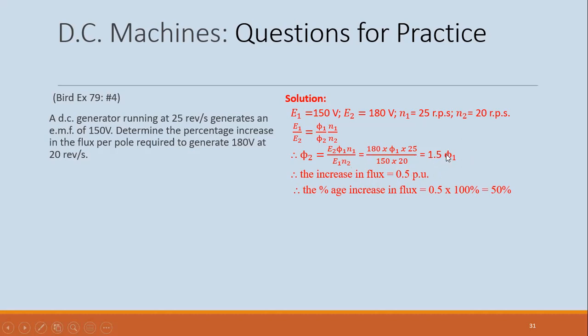It has changed from phi to 1.5 phi. So a 50% increase in the flux has caused an increase in the induced EMF. But it's not that alone. The speed has reduced also. So the combination of both of them has resulted in an increase in EMF.